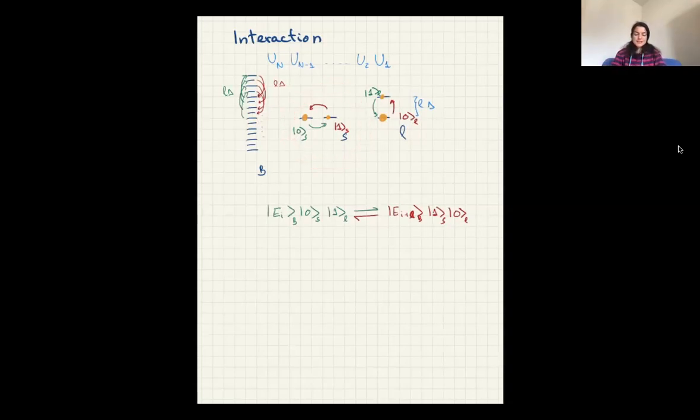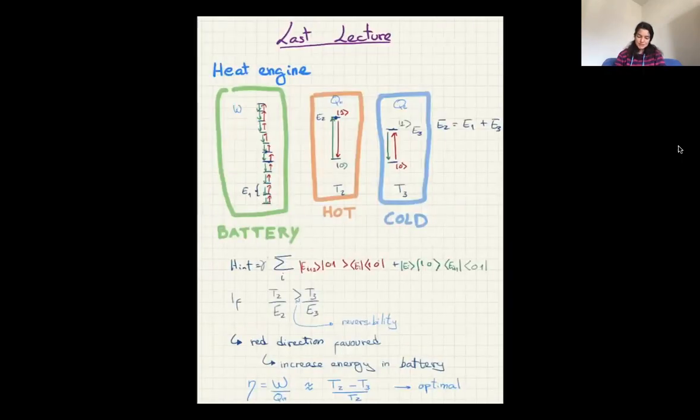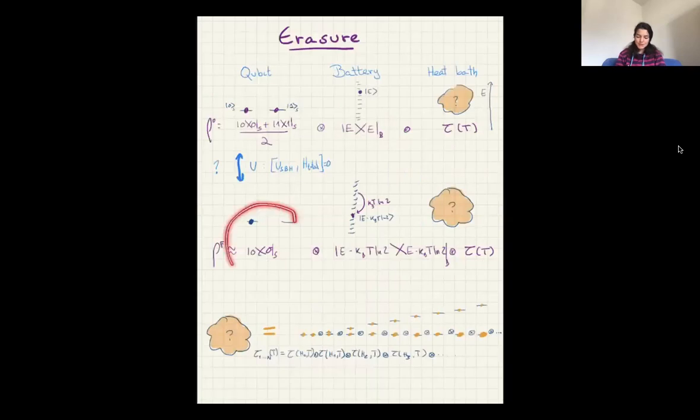If, on the other hand, I'm trying to go in the other direction, this is also possible. Imagine I have a bunch of pure qubits, and I want to extract energy from them. This is possible. This is the idea of extracting work from just information. Then I want to make this a bit more mixed and raise the energy of the battery.